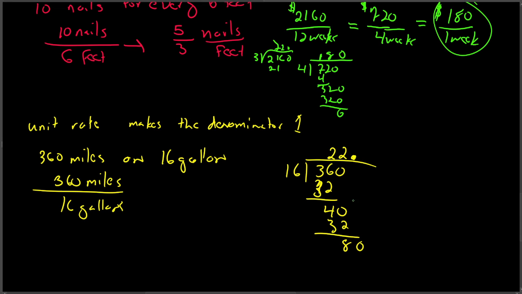And, right, I need to pull down because I'm going to continue my decimal point over. I'm going to decimalize this because that way I will have no fractional part. And 16 goes into 80 5 times. And so this is 22.5 miles per gallon. And that's my unit rate. It tells me how many of the top things I get per one of the bottom thing.